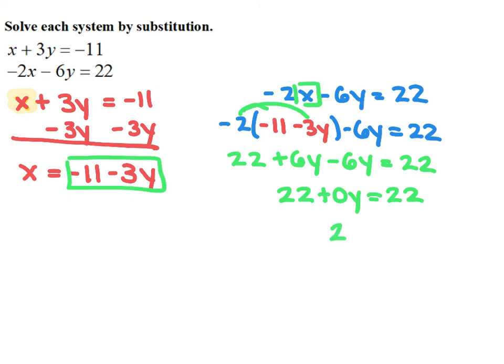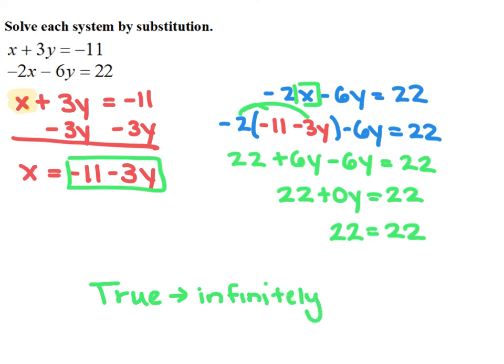So it really means 22 equals 22. Now since this is a true statement, this means that there are infinitely many solutions.